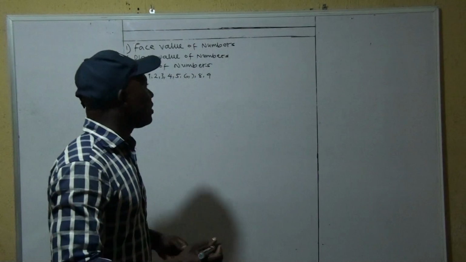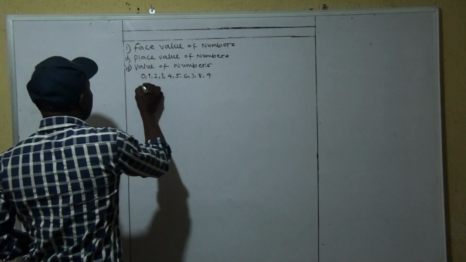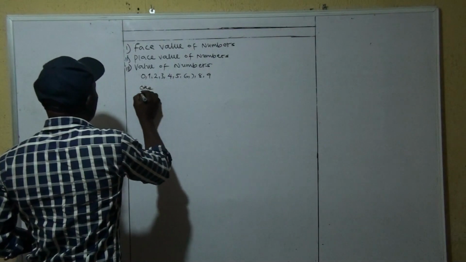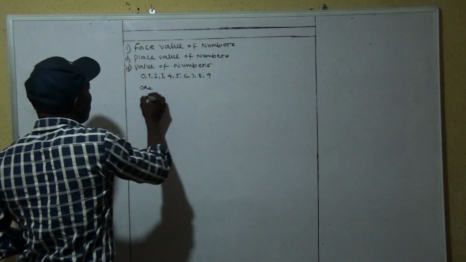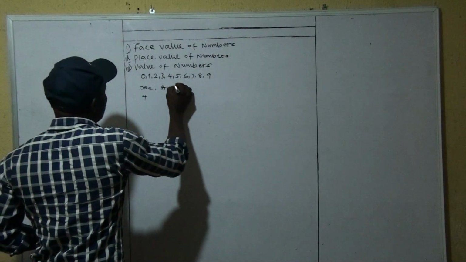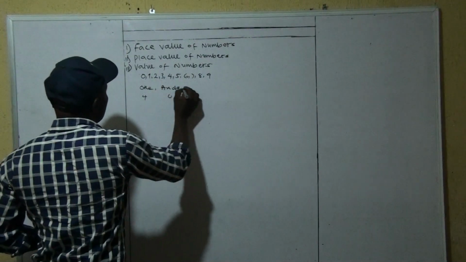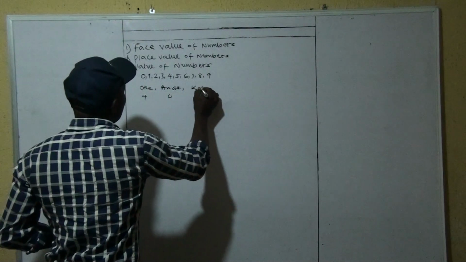Take for instance, we have children. Let's say we have a child, and I will assign a digit to it, which is 4. And we have Audu. I will assign 0 to Audu. And I have Coco.